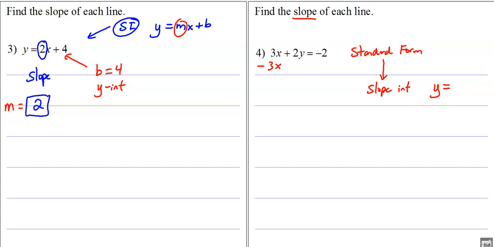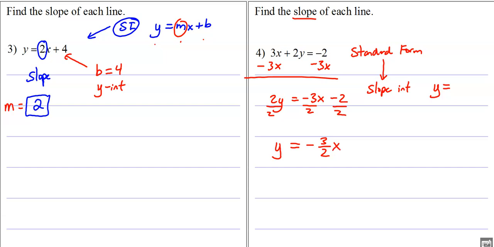I'm going to subtract the 3x from both sides, and I get 2y equals -3x minus 2. So I'm getting closer and closer to this form. Now I'm going to divide everybody by 2. In slope-intercept form, I now have y equals -3/2 x minus 1. And so now I can see that the slope of this line is -3/2.